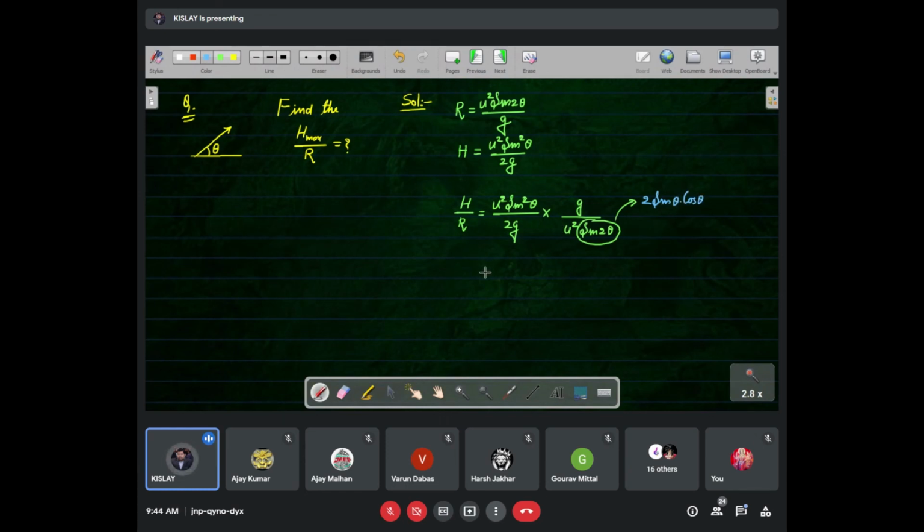So if we substitute this, u square will cancel out, g will cancel out, okay, and you will get sine square theta upon 2 into 2 sine theta into cos theta. And one sine theta will cancel out. You will get 1 by 4 into tan theta.